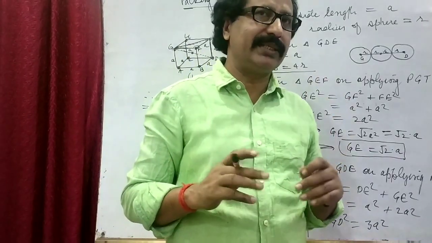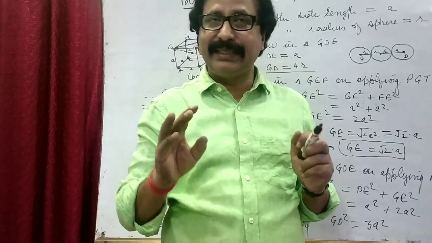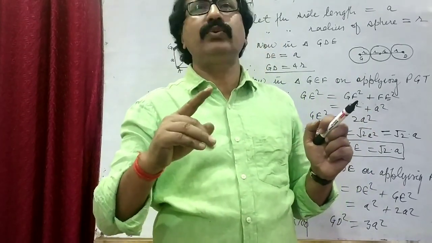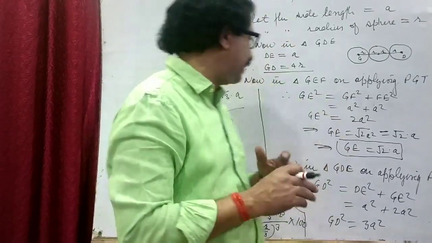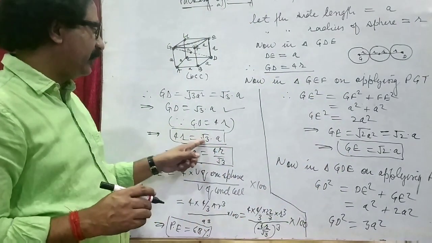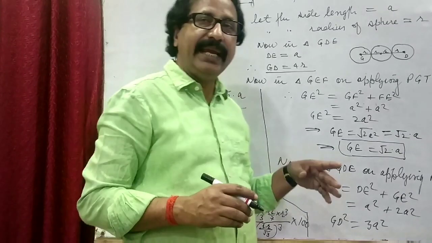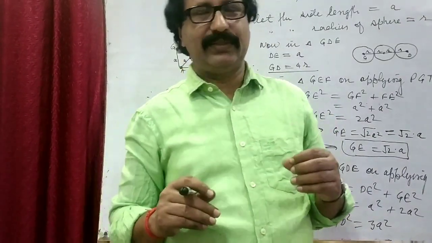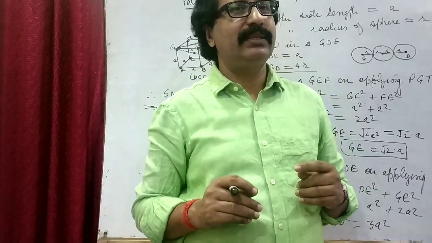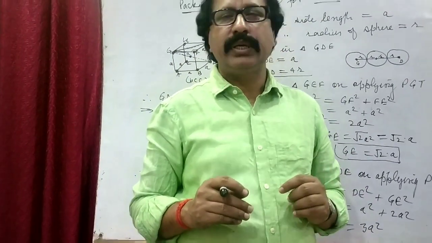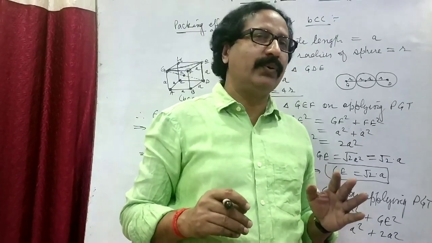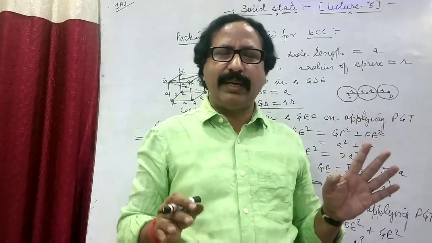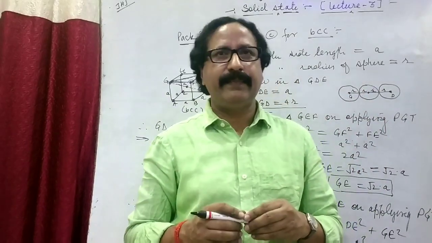In case of BCC, 4R is equal to root 3 into A. And in case of FCC, 4R is equal to root 2 into A. Okay? I hope each and everyone, this is a very important topic.